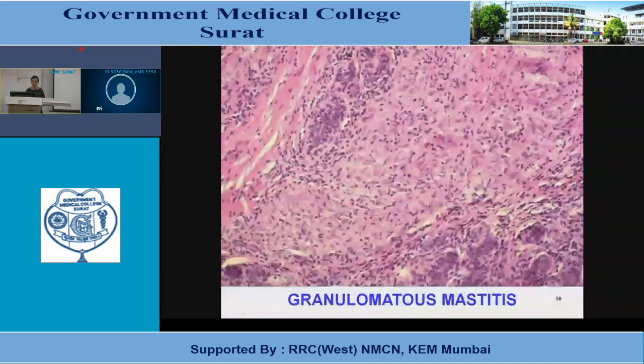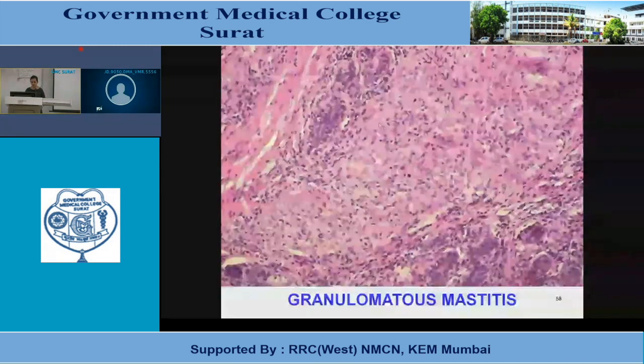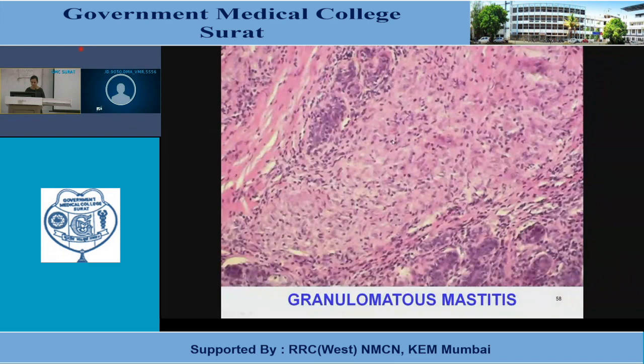What you see here, we all know the pale, large areas are basically the granulomas. So granulomatous mastitis. We already know it could commonly be due to TB or sarcoid. But in the breast, we would more probably look for other immunologic or so-called idiopathic reasons, unless we find ZN stain positive bacilli within these.